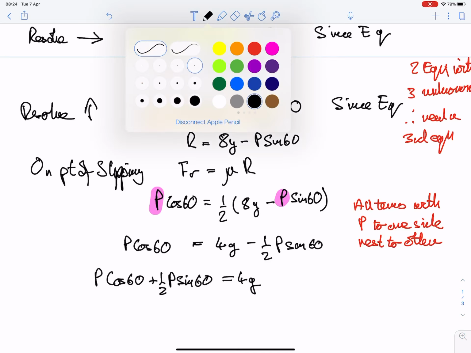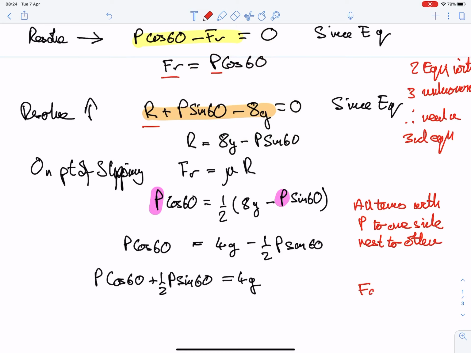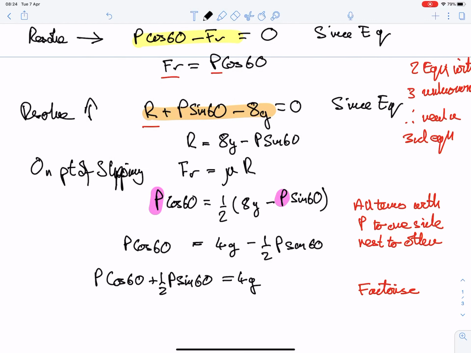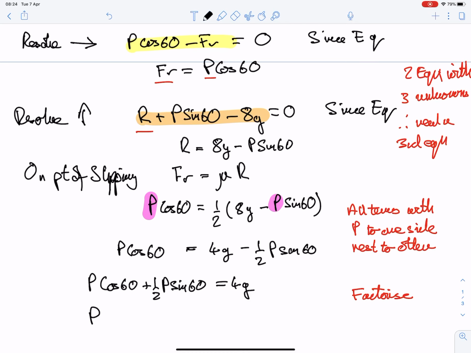The next thing we then had to do is to factorise, because instead of P appearing twice, we want it to appear once. So you get P times cos of 60 degrees plus a half sine of 60 equals 4g.